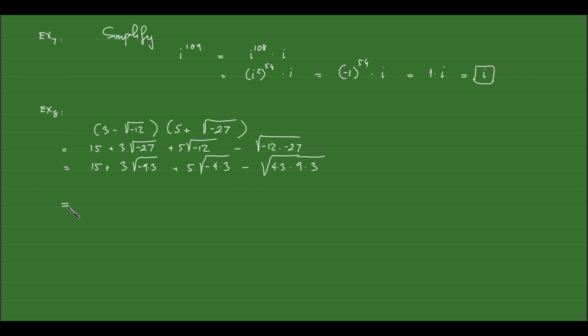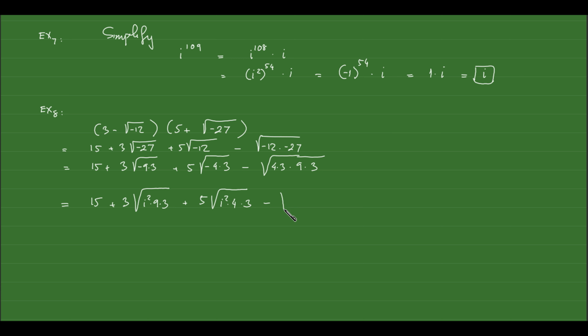Alright, so that gives you 15 square root of, so we have 3 here, and -1 I can write as i squared times 9 times 3. Same thing over here, I can write the -4 as i squared times 4 times 3, because i squared is -1, so I can change the negative sign to i squared.